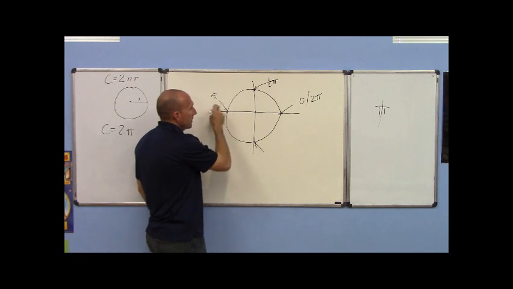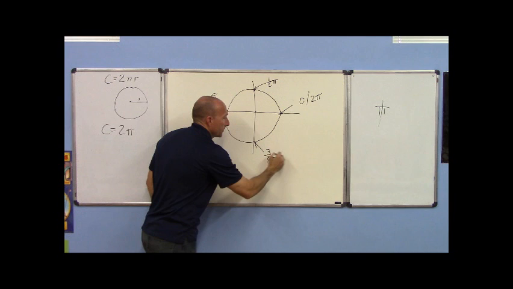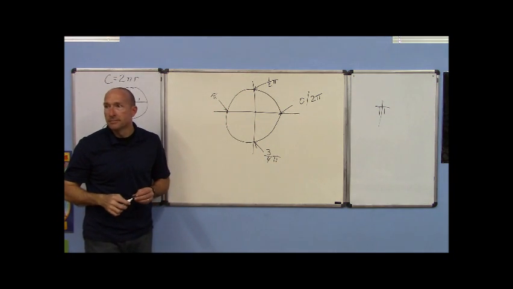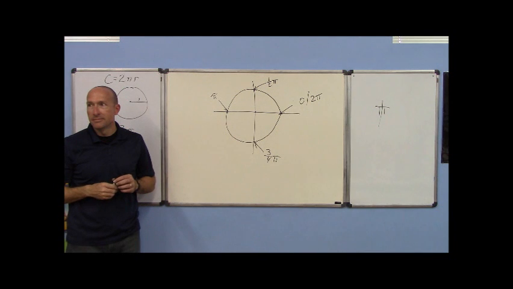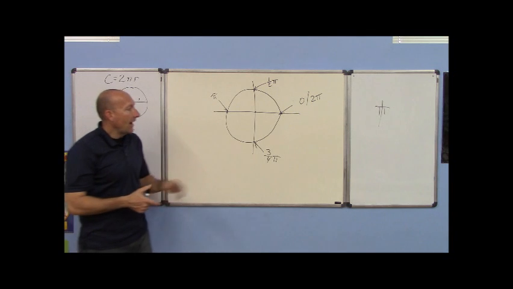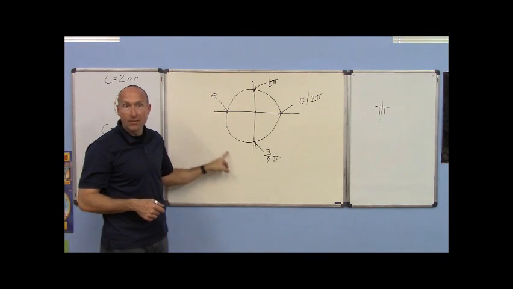What is this one down here? Well, it's going to be 3/4 pi. Right or wrong? Wrong. Why don't you think it's right? Very good. How can this be 3/4 if this is 1, and we're past 1 already?